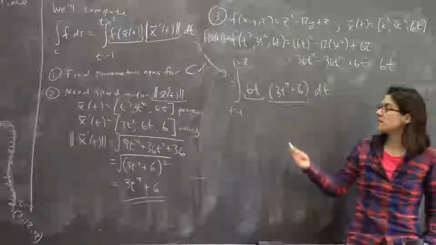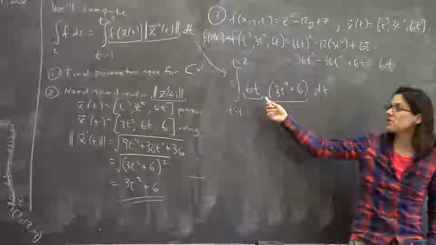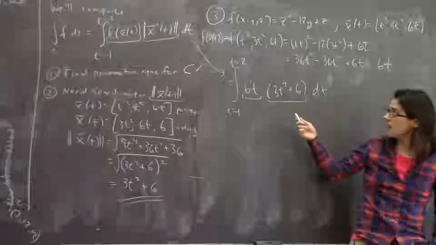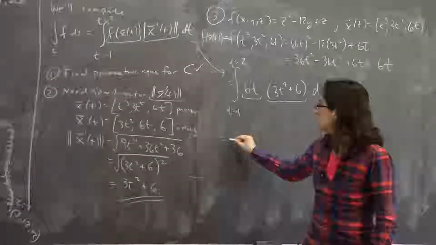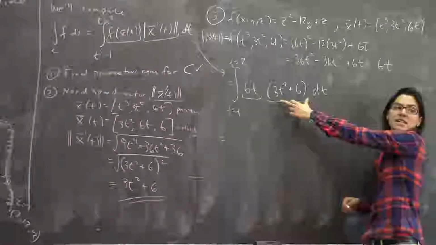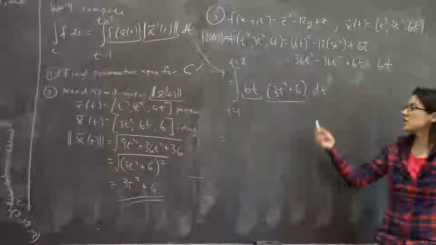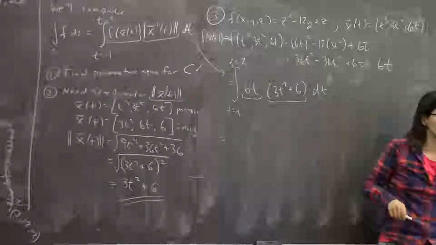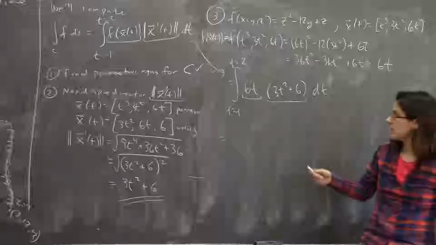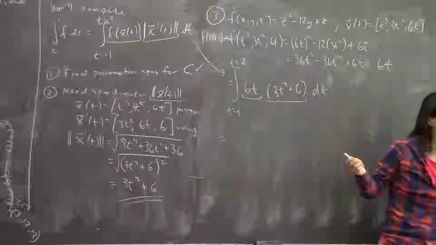So there are some ways to do this. It's just a polynomial, so you could just multiply it out and take the antiderivative term by term. But another way to do it would be to recognize that this 6t is the derivative of the inside of this function. So if you could make this a function where you had to take the derivative of the inside, you'd be all set. This is something that came up on the exam as well when we had to integrate cos t times sine t.